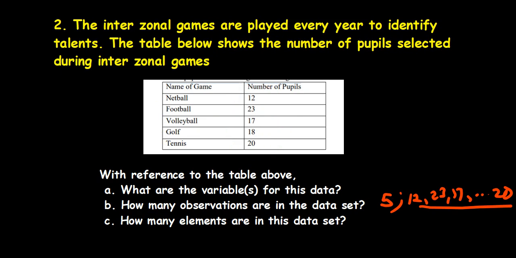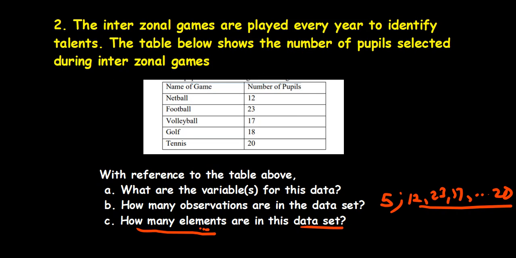Then we can look at C. They are asking how many elements are in this data. What's the definition of an element? From our classes, we said an element refers to a specific entity or item being studied.